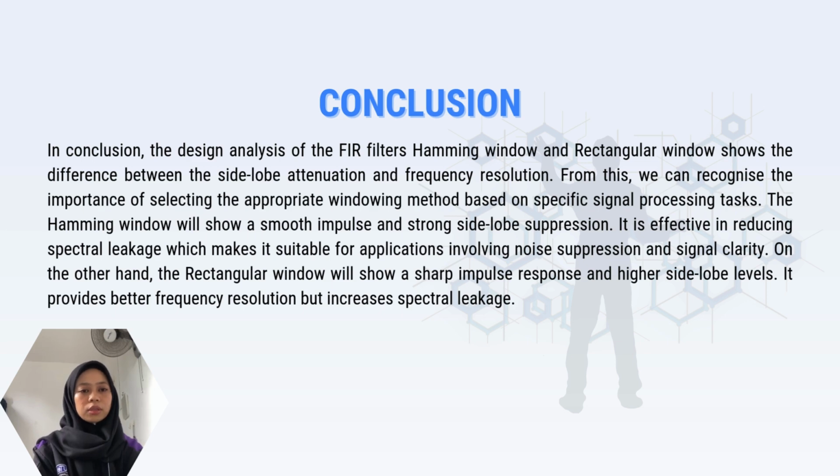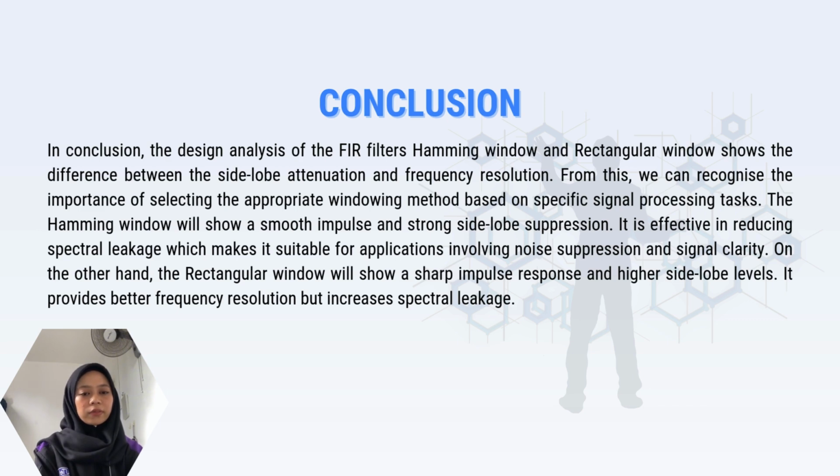In conclusion, the design analysis of the FIR filters, Hamming window and rectangular window, shows the difference between side lobe attenuation and frequency resolution. From this, we can recognize the importance of selecting the appropriate windowing method based on specific signal processing tasks. The Hamming window will show a smooth impulse and strong side lobe suppression.